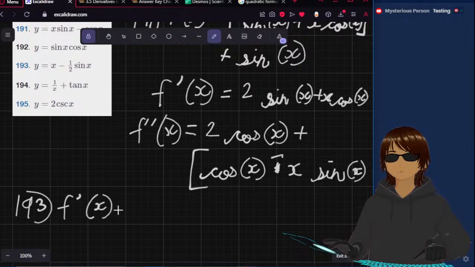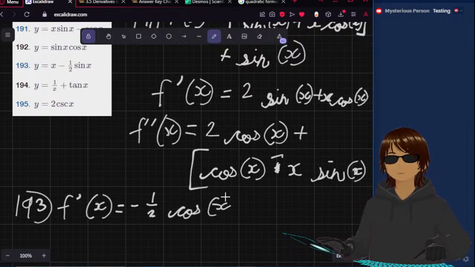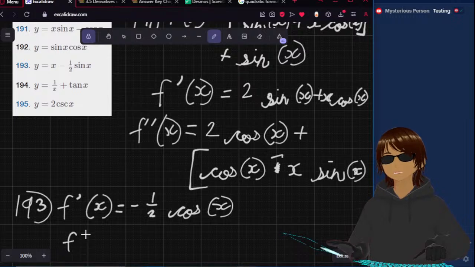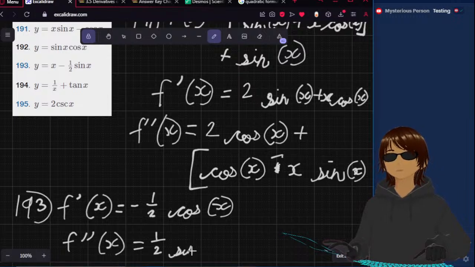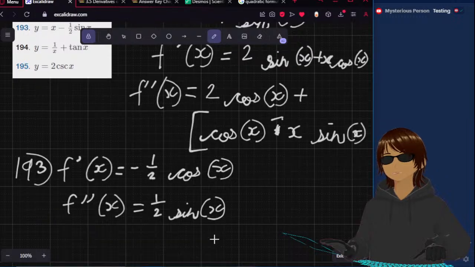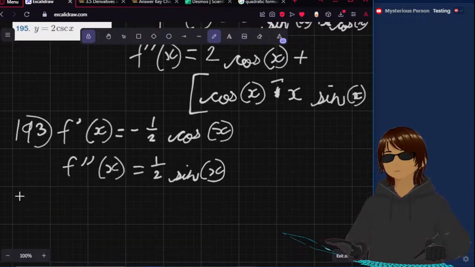So the first derivative is, so x would cancel, and then the second derivative would be half sine. Next one, 195.